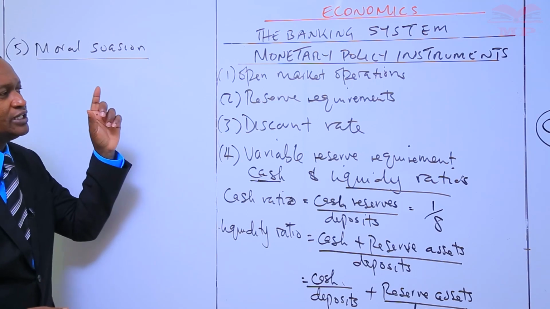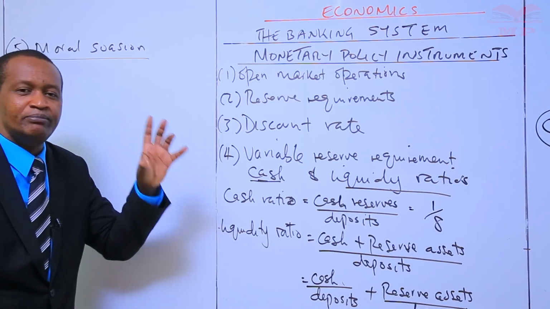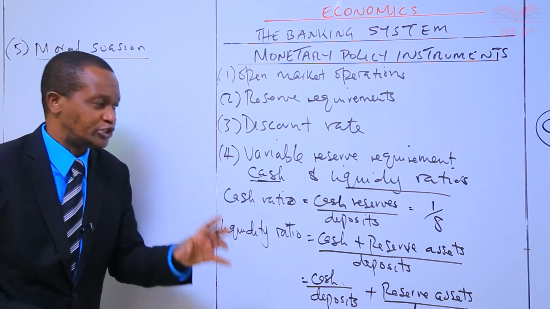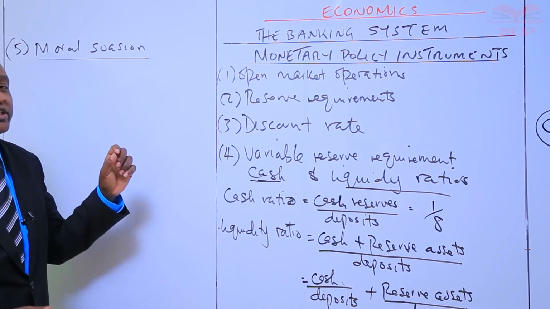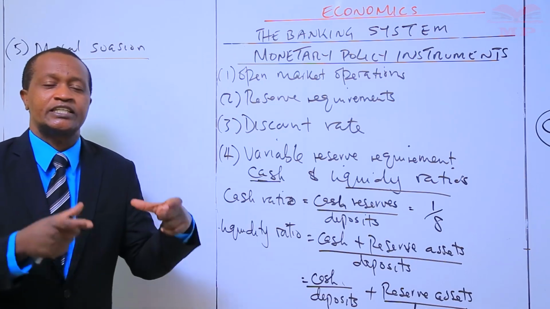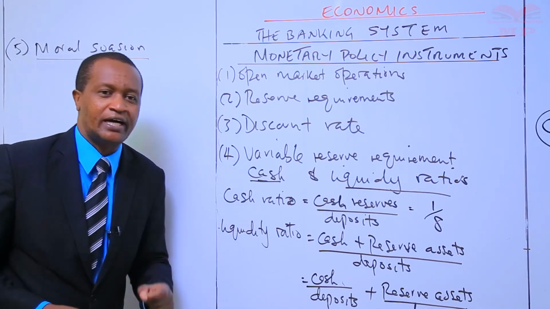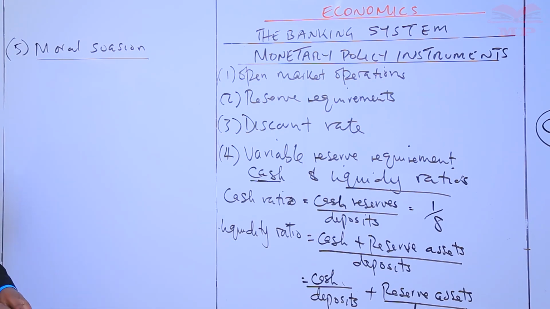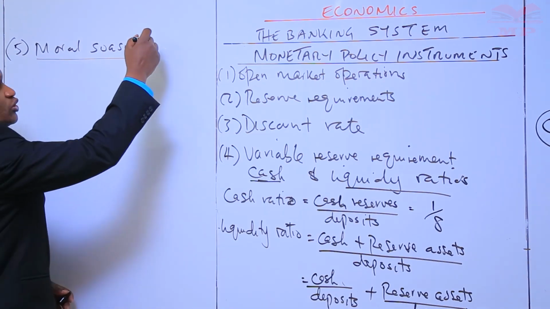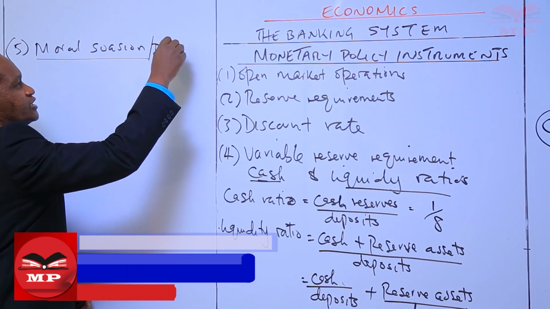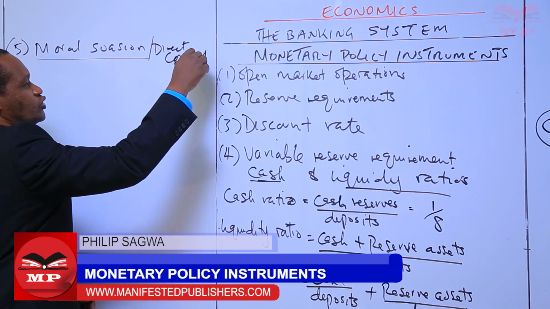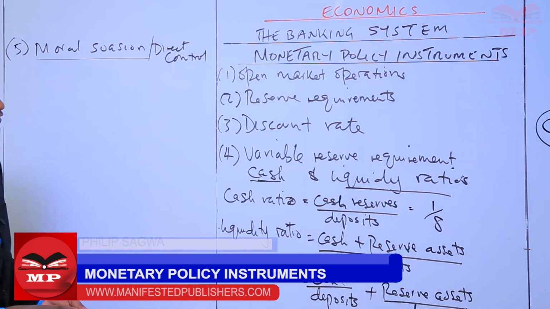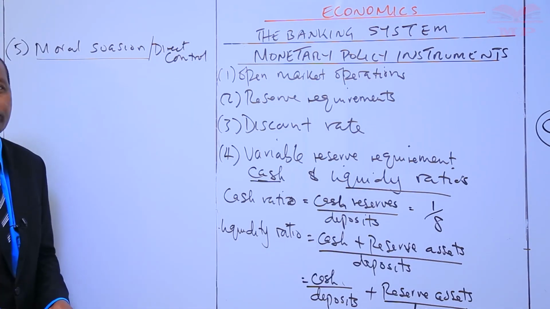The central bank can write to commercial banks to limit monetary expansion, and the central bank uses its moral authority that it has over the commercial banks. Moral suasion and direct control. So these are 5 monetary policy instruments.